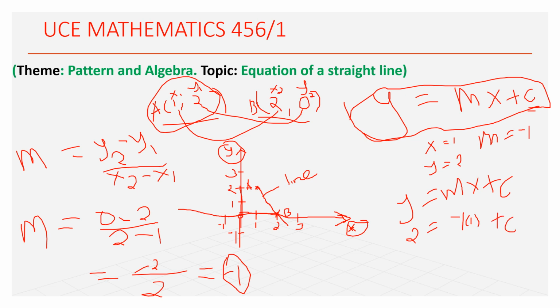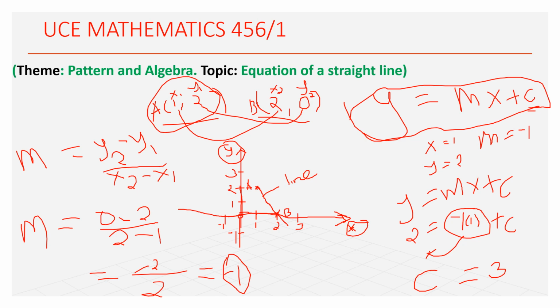So here I'll remain with the negative 1. When that negative 1 crosses the equal sign, it becomes positive. So my intercept here will be positive 3.